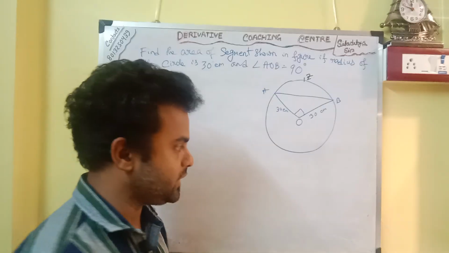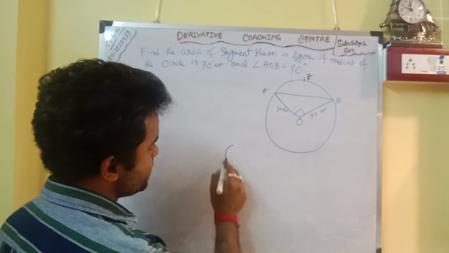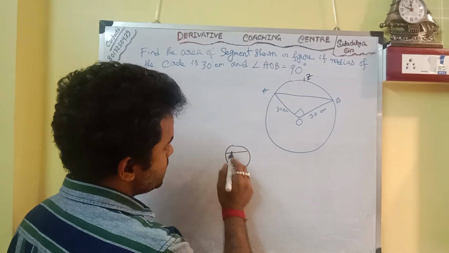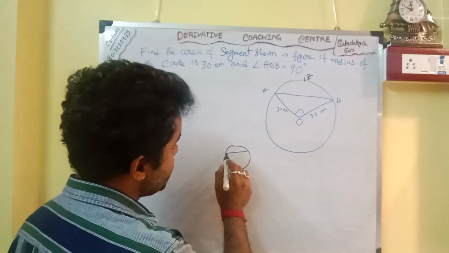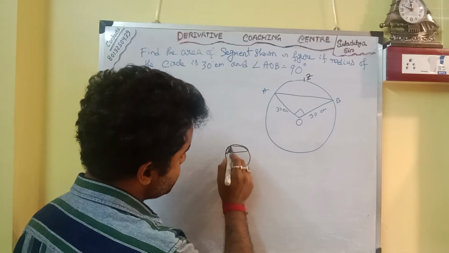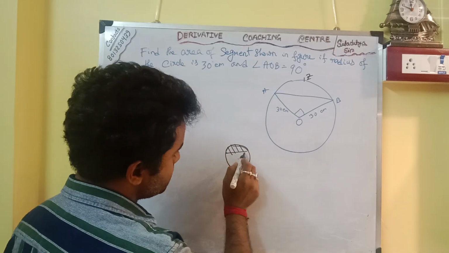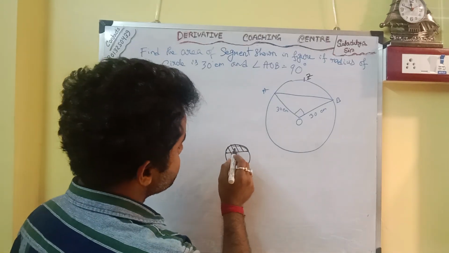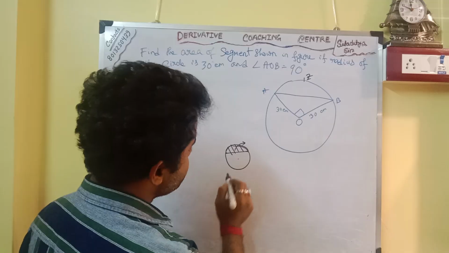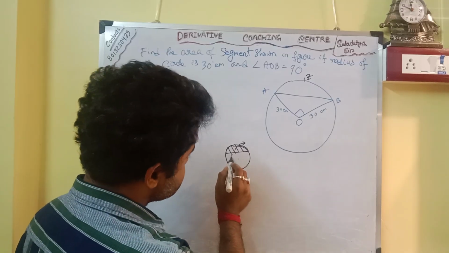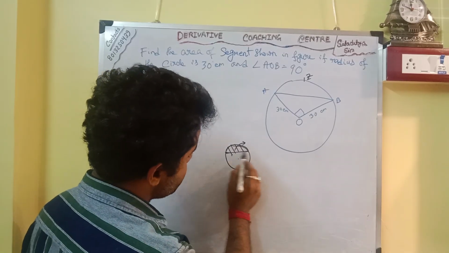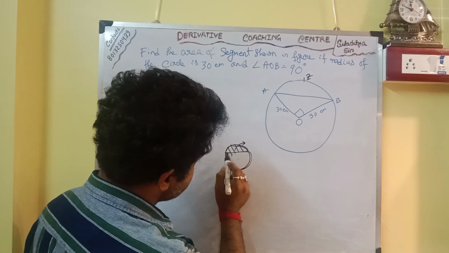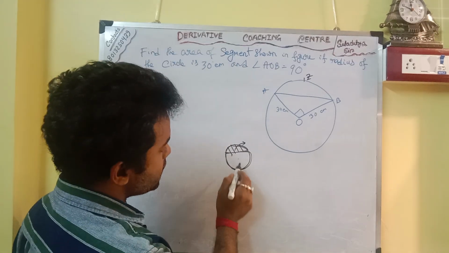The segment means if you draw any circle and this is the chord, the area bounded by the arc and the chord. So this is the minor segment, bounded by this arc and this chord.